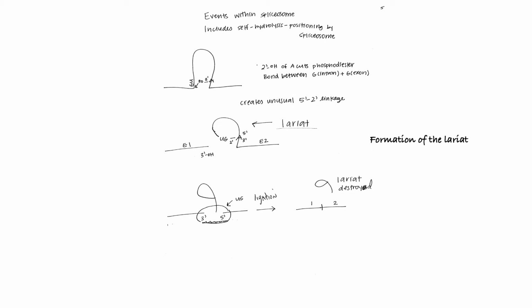And then you get the joining. Again, the spliceosome is carrying this out. You get the joining of exon 1 and exon 2. We call it ligation. It brings those two together and seals them. And then, of course, if you have many more introns, this is happening along the length of the primary transcript.